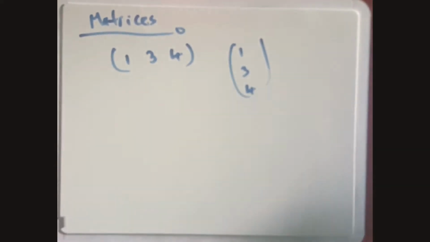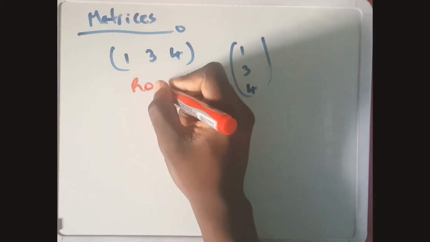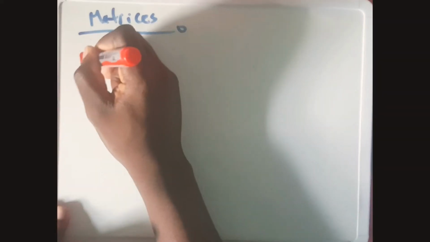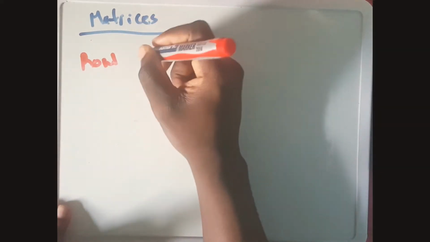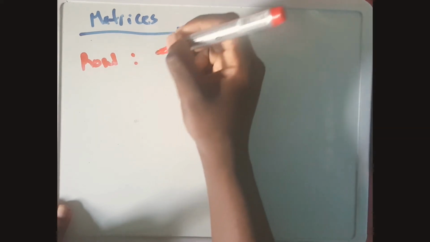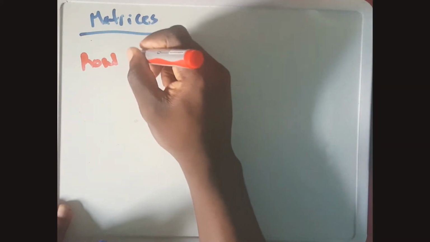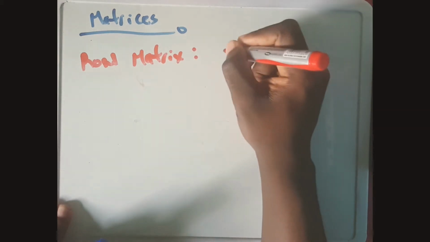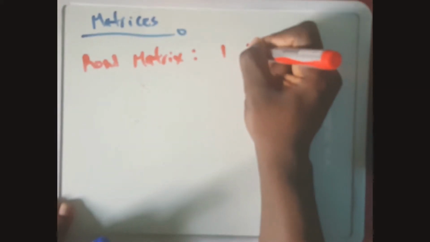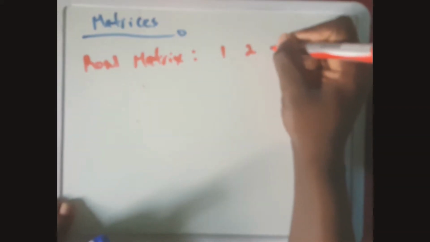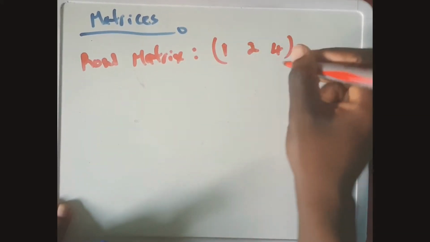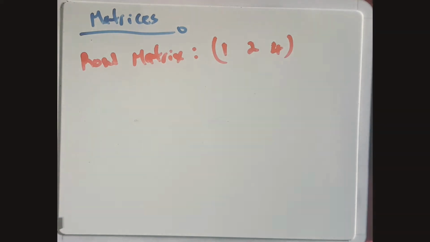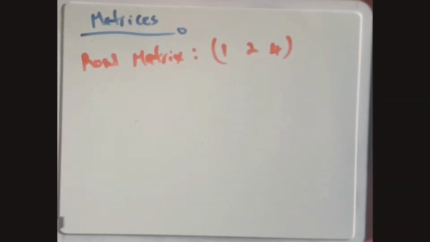The first one here is a row matrix. So let me do this a little neater. A row matrix is a matrix that has its elements in only one row. So for example, this is a row matrix and it has elements 1, 2, 4.